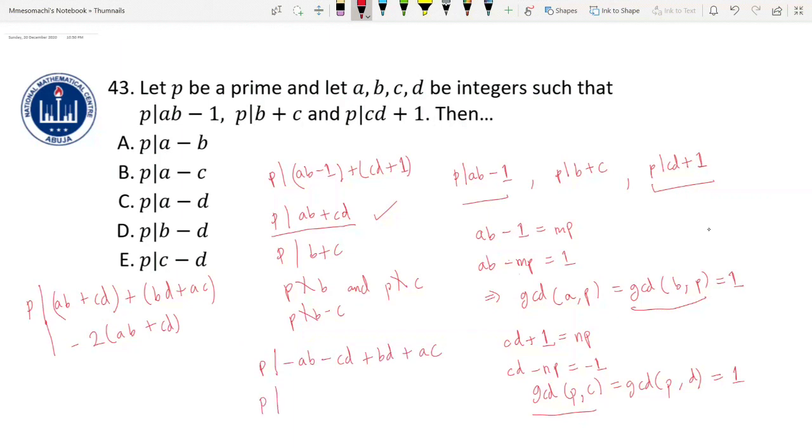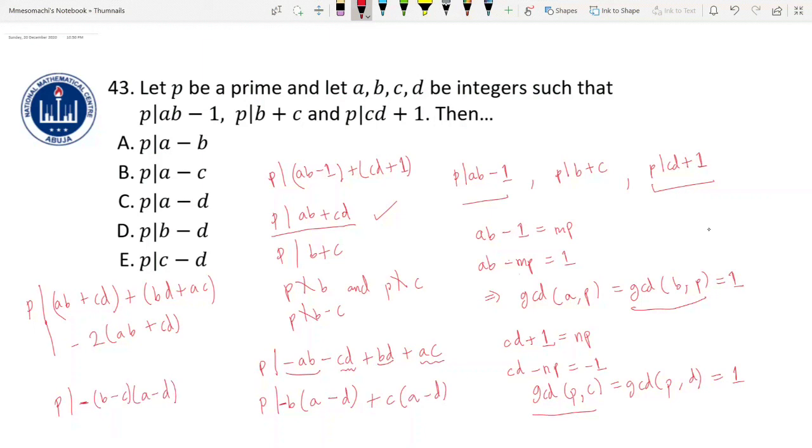Taking the negative sign out, we take these terms: I have B times A minus D, and then we have C times A minus D. So we can factorize that to have P divides negative B minus C times A minus D.